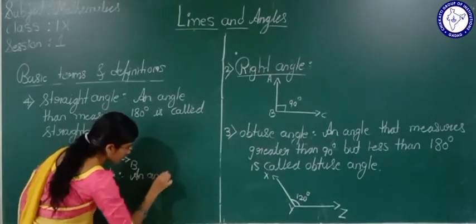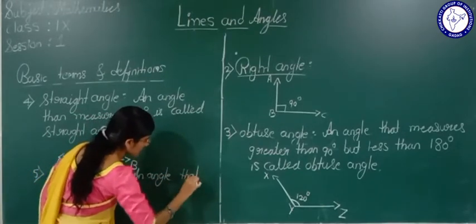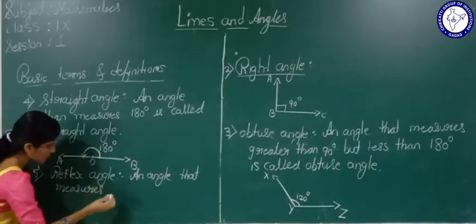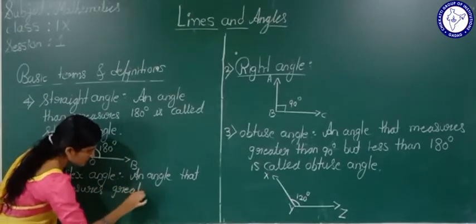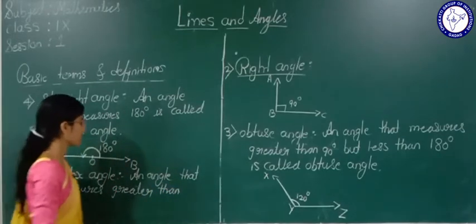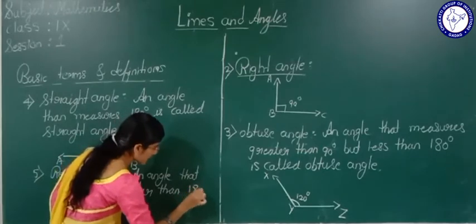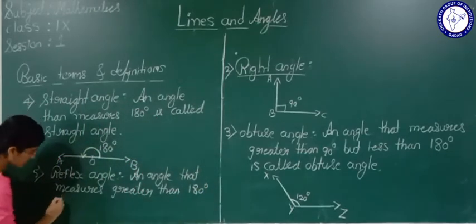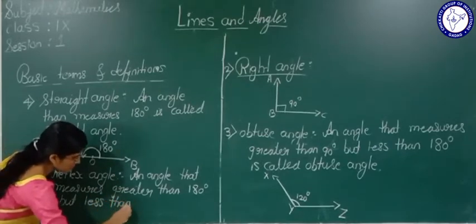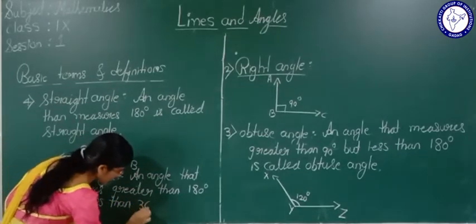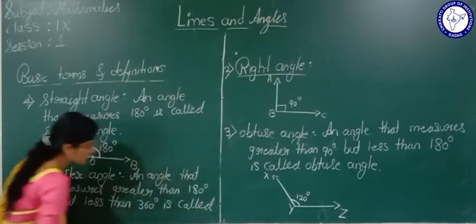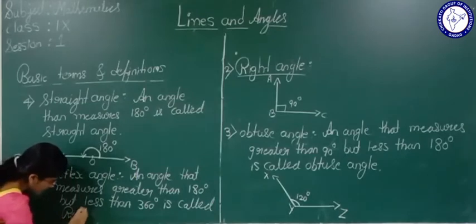An angle that measures greater than 180 degree but less than 360 degree is called reflex angle.